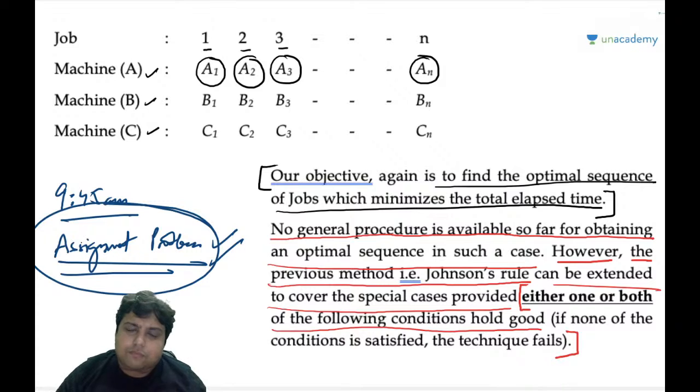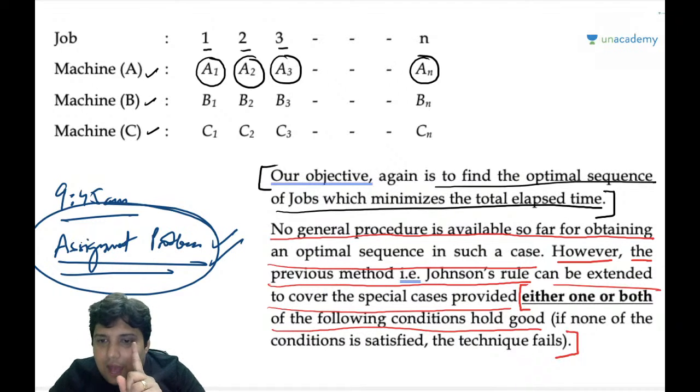But the Johnson's algorithm that we used in the previous class for the n job 2 machine problem can be used in certain cases, when it says either one or both.